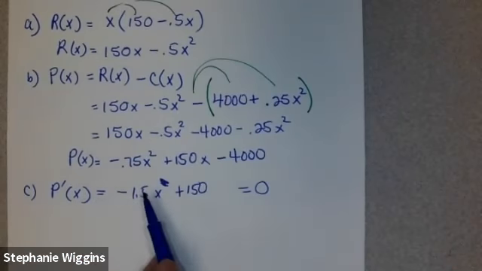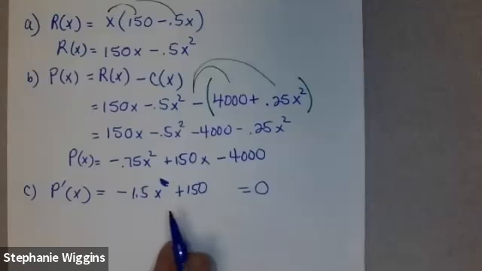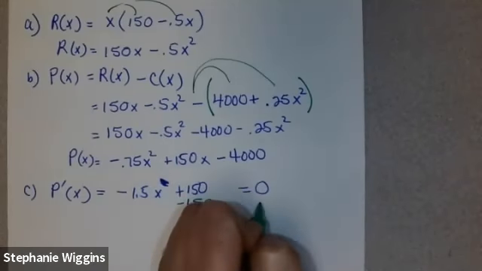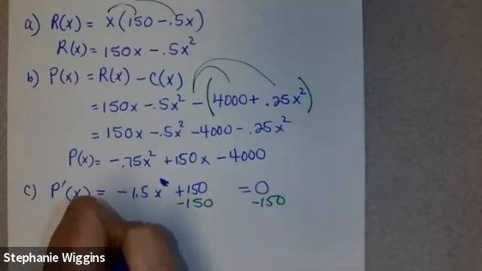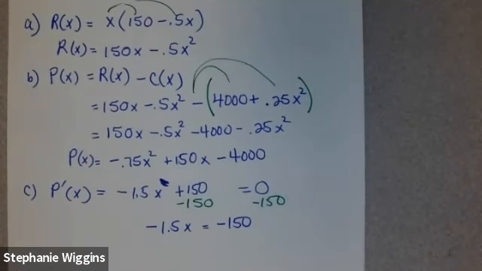I shouldn't have a 2 there. Remember, when you take the derivative, you subtract 1 from the exponent. So I made a mistake there. Now solving this, I'm going to subtract 150 from each side, and I get negative 1.5x equals negative 150.